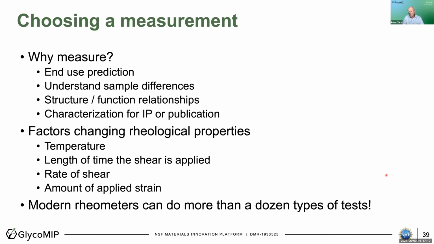Well, that one with the long regions is going to show much more tolerance of applied strain. It's going to have a longer viscoelastic region than something that has entanglements and association points much closer, and there's less backbone to take up that strain and accommodate it. So modern rheometers, like your MCR 300, can do more than a dozen tests.